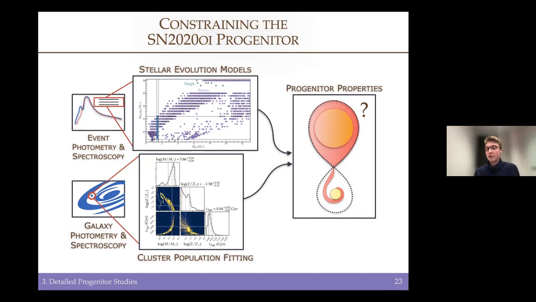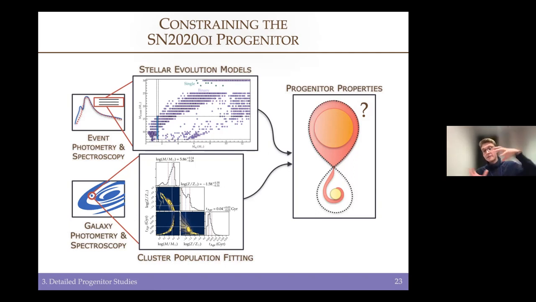And we constrained the models that at explosion time match the explosion parameters, the nickel mass, ejecta mass, and total energy of the explosion. And then we also did SED fitting in Prospector for the stellar cluster coincident with the location of 2020 OI that could potentially give us an upper limit for the age of the progenitor star itself.